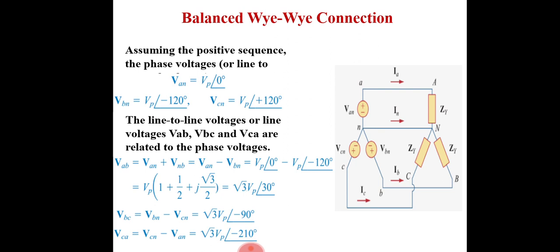So VBN is equal to VP with angle minus 120 degrees, and VCN is equal to VP with angle plus 120 degrees.